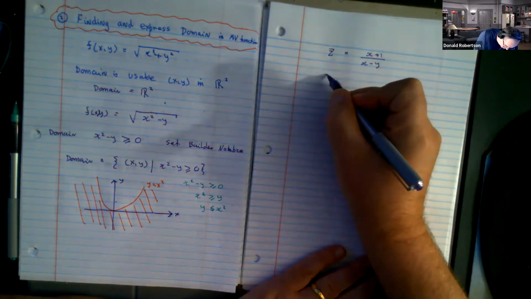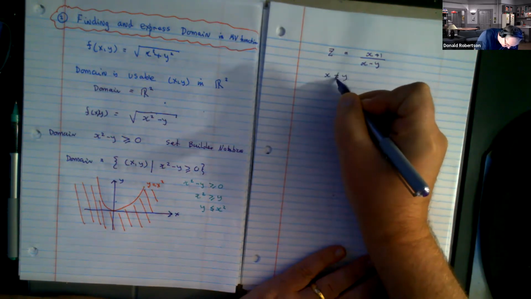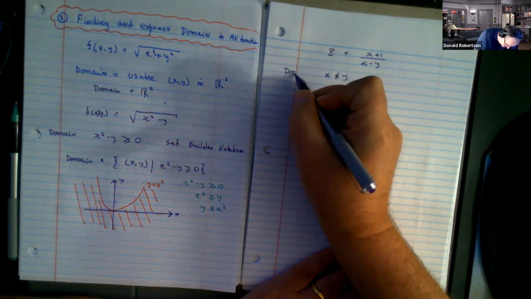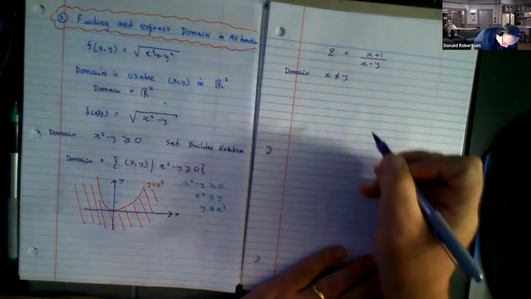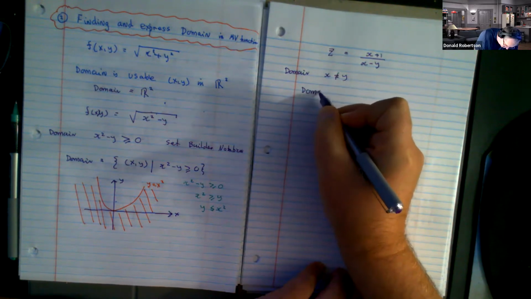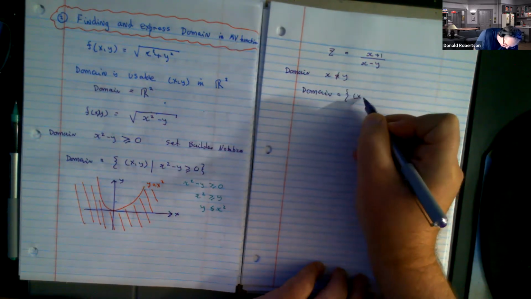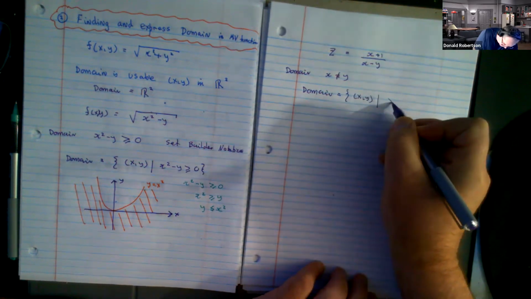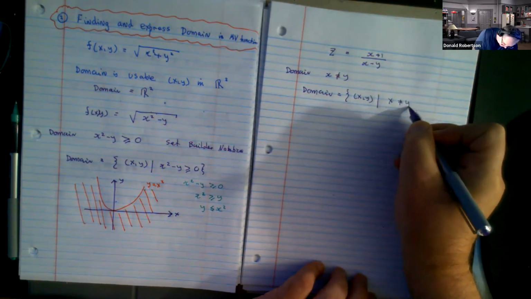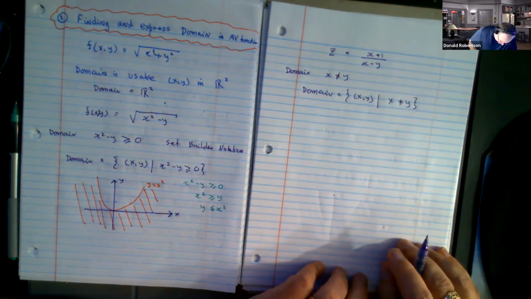So you do not want x to equal y, correct? Now we want to set that up in set builder notation. You go, the domain is the set of all points x, y such that x does not equal y.